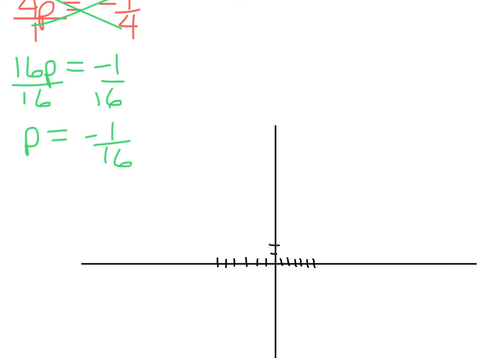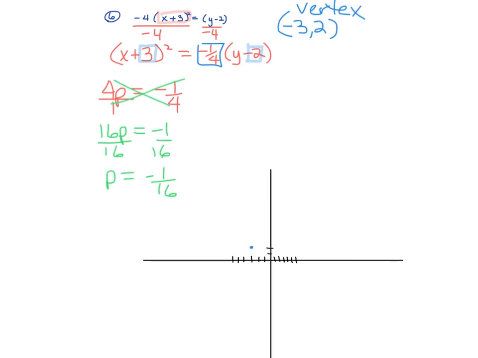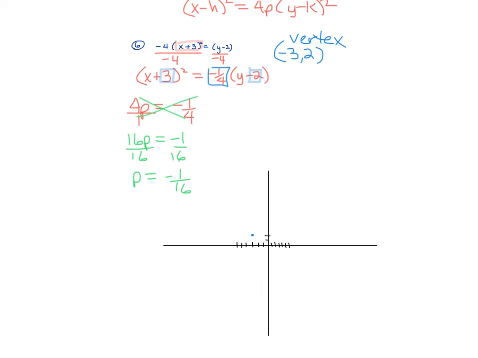So put the point right here. Again, we need to come up with another ordered pair for our U shape. Again, plug in whatever number you want. Again, I'm going to find the y-intercept. So I'm going to set x equal to 0, and I'm going to plug that into the original.